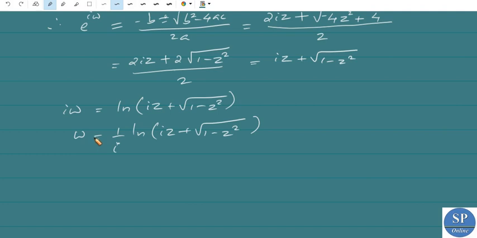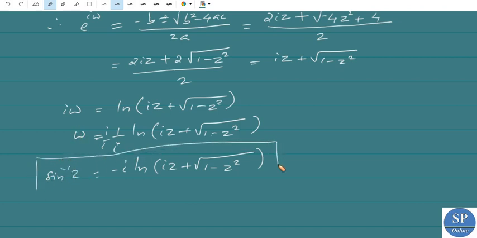When we multiply and divide by i, we get minus i into ln of iz plus square root of 1 minus z square. So this will be the value of sine inverse of z, because w is sine inverse of z.